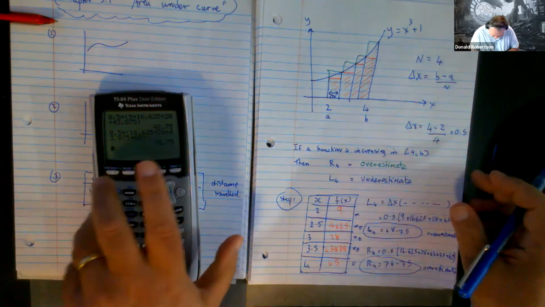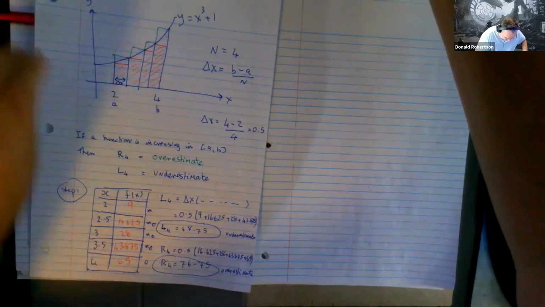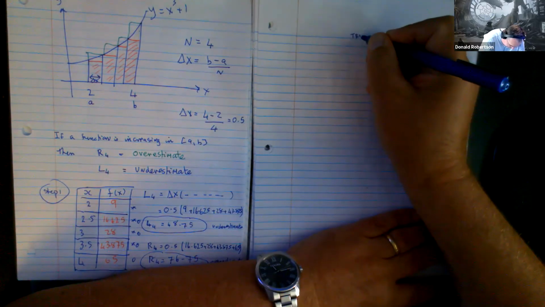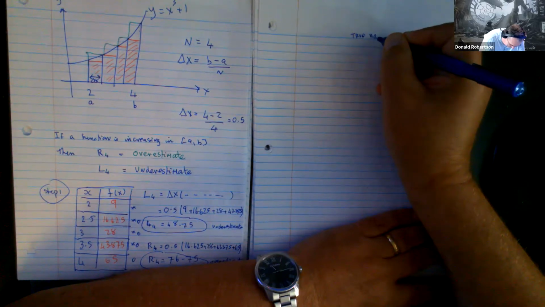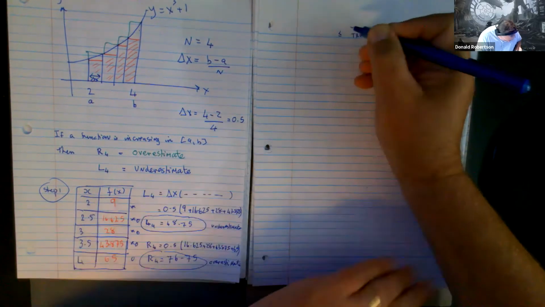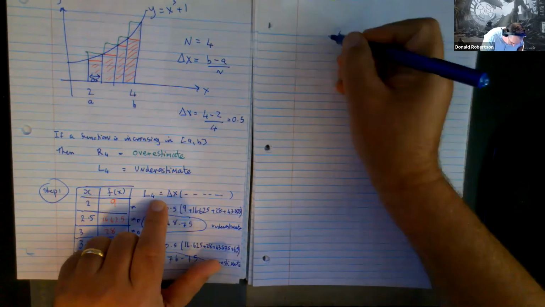Now, since I have that piece of information, I can say that the true area under the curve is, in this case, less than R4, but bigger than L4.